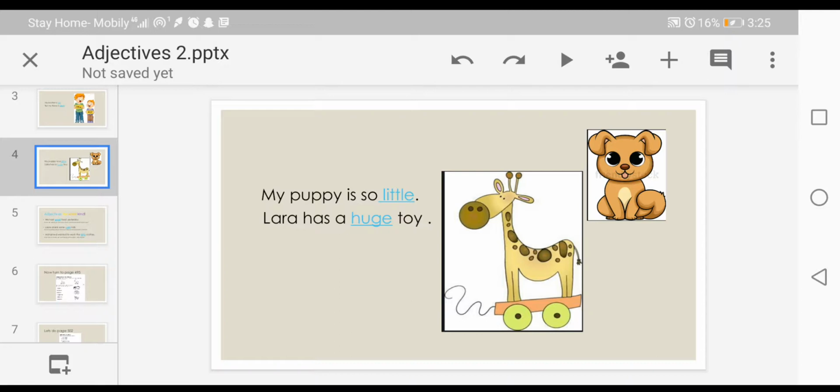When I say my puppy is so little, I am talking about the dog or the cat. See, the dog is so little. Can you see? In size, small, little. And when I say Laura has a huge toy, can you tell which one is that toy? A huge, big. So huge in size.